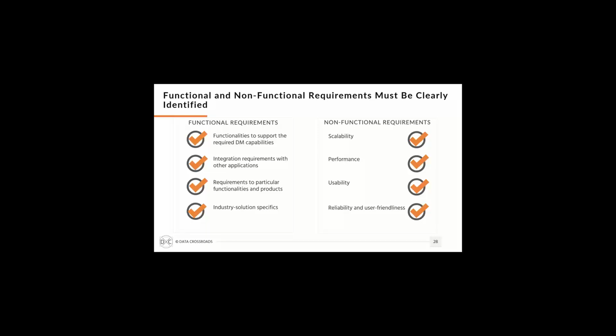The next requirement is performance. The solution must offer high performance in terms of data processing speeds, especially when dealing with large data sets or complex metadata structures. I can give you a practical example.